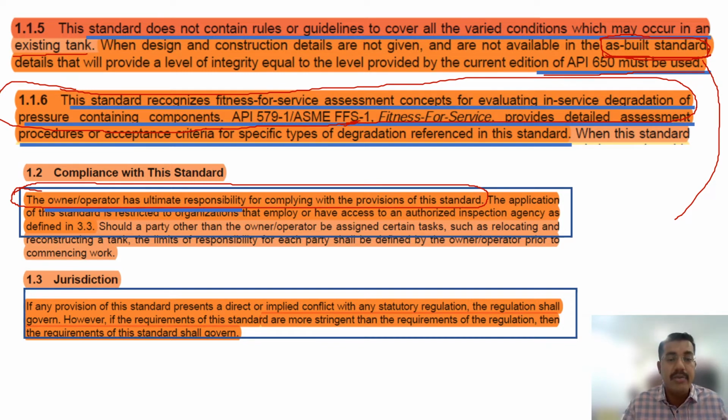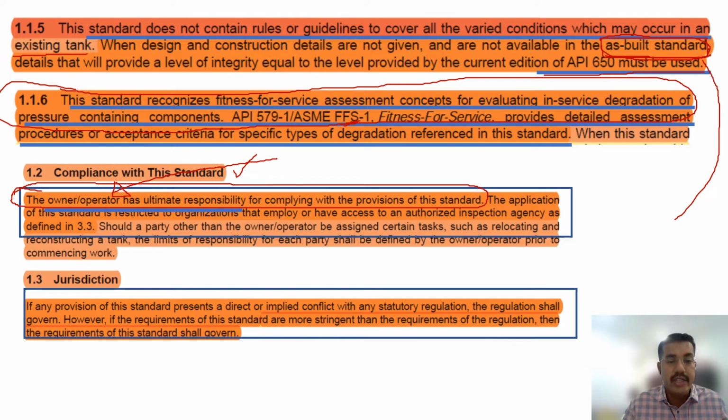But here the responsibility is for owner or operator, because the manufacturer has manufactured the tank and he left the site. So during manufacturing, compliance with the standard is manufacturer responsibility. During API 653, operator and owner responsibility. Okay, this is important and usually they ask in the question.